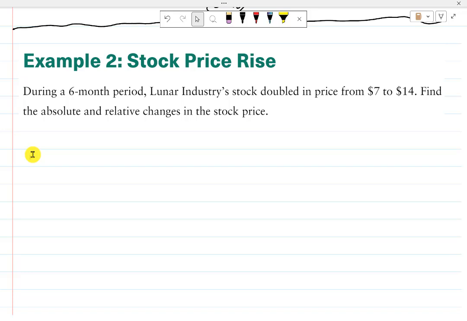The absolute change, this is just the larger or the new minus the old. And that's just $7.